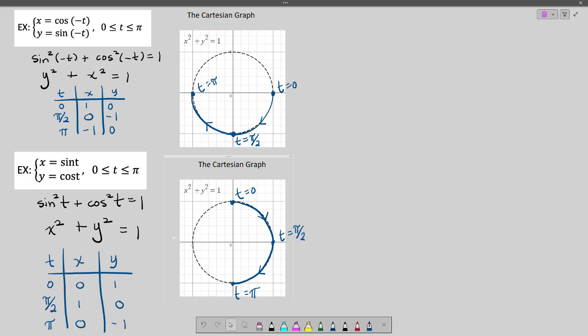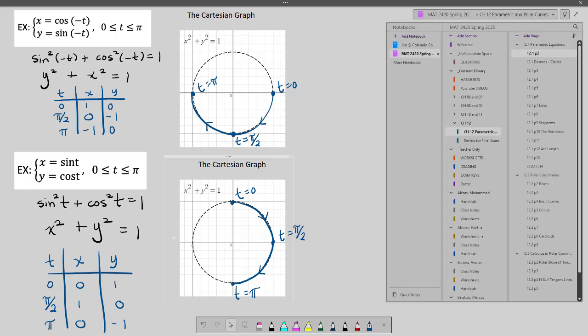There won't always be a geometric interpretation, but often there will be. And if we're dealing with objects that are round, an ellipse, a circle, usually it's an angle that it's representing.